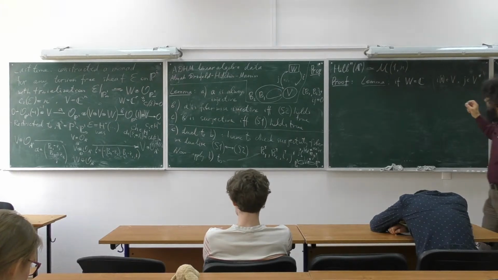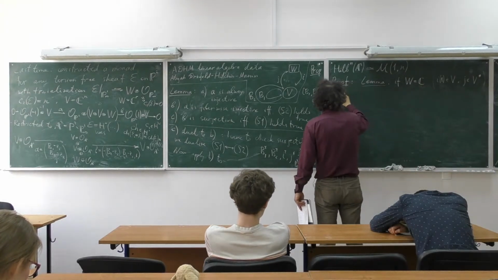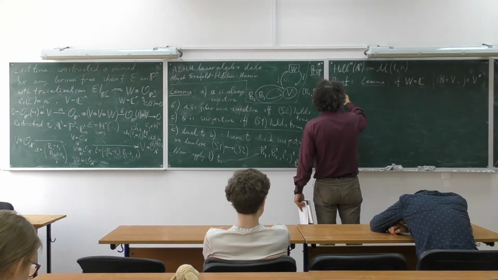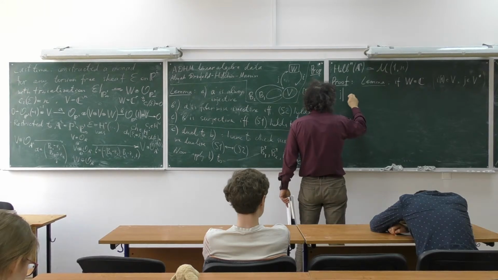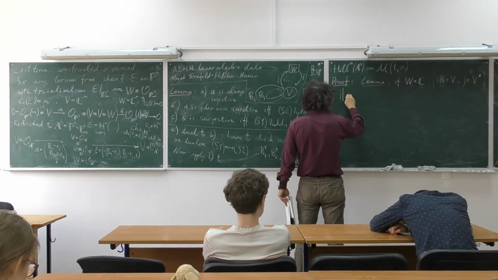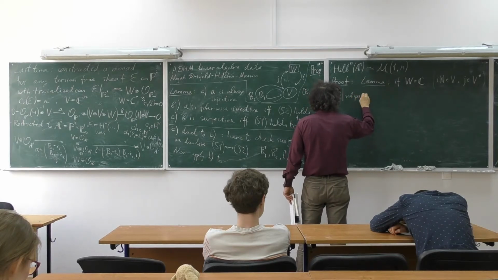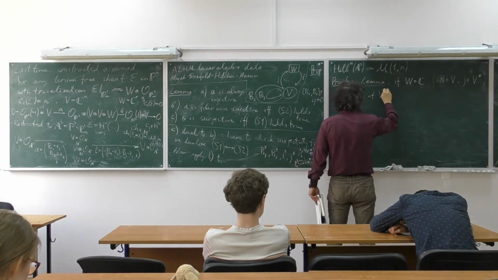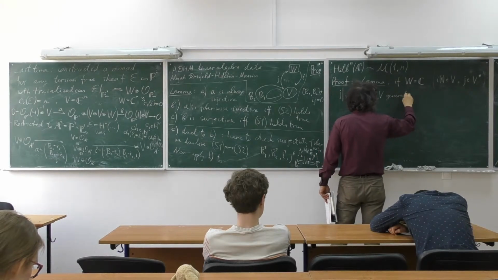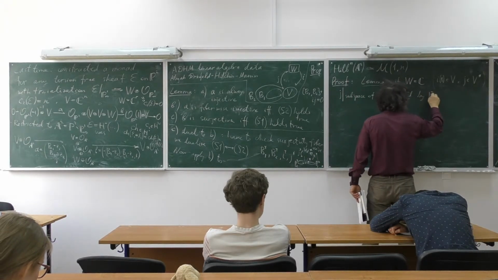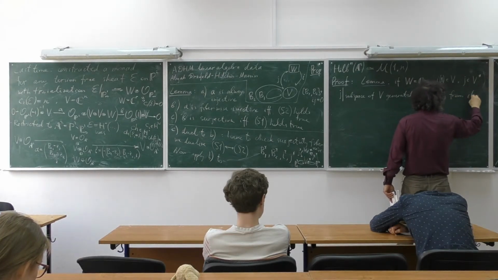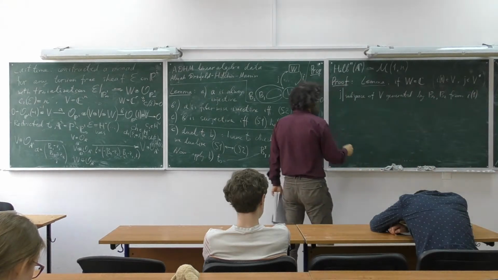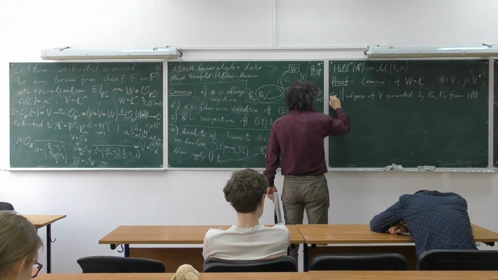So in this situation, this functional J restricted to the subspace of V generated by B1, B2 from I of 1, J restricted to this equals 0.